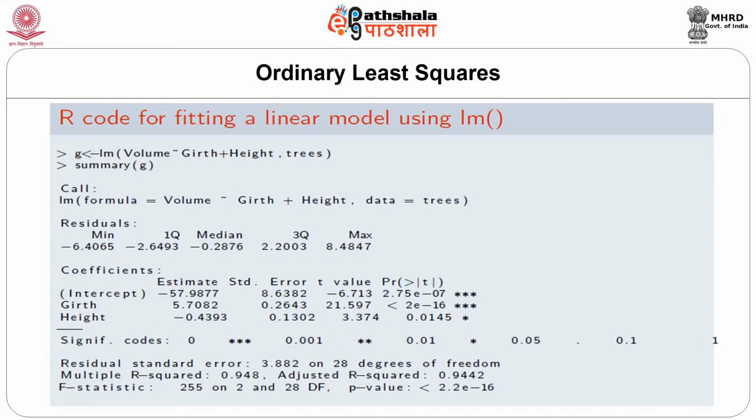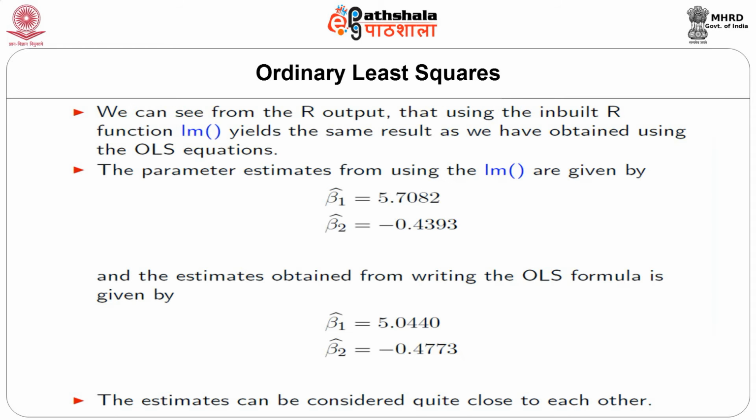Now, on the next slide you will see how we have attached the trees data set, and here we use the lm function to fit a regression model to the data set, where we regress volume over the two explanatory variables, girth plus height. After we look at the summary of this lm function, in the R output we obtain the estimates of the corresponding regression coefficients, their standard errors and the corresponding p values for the two explanatory variables.